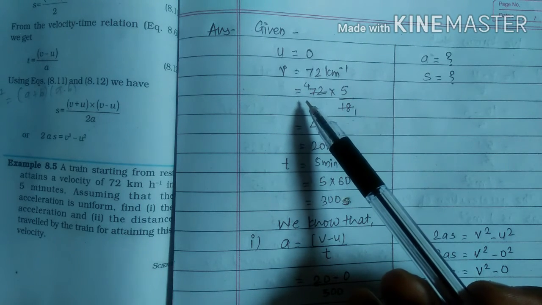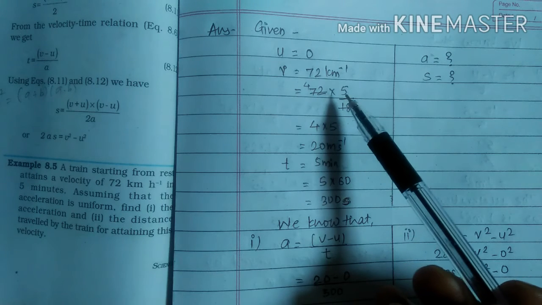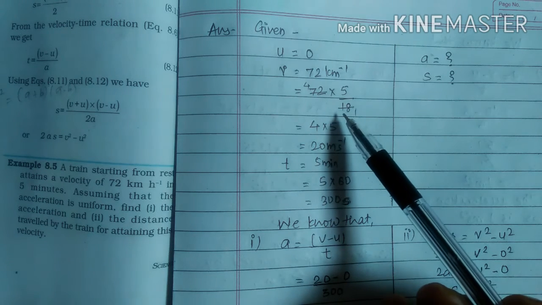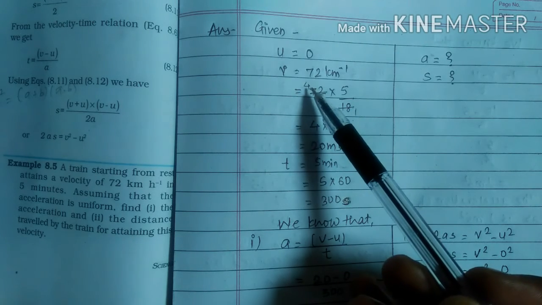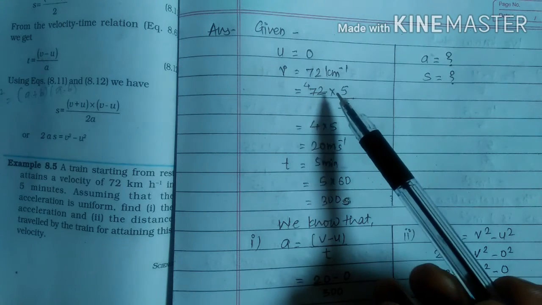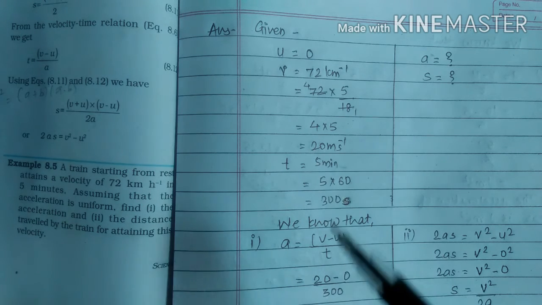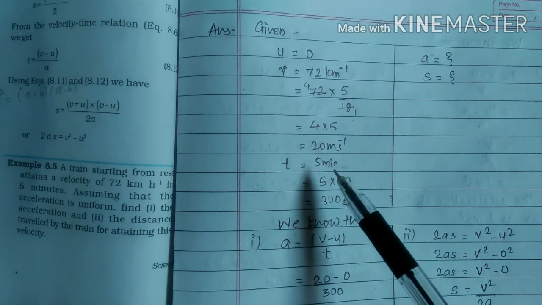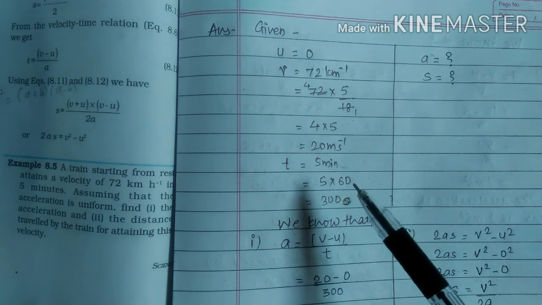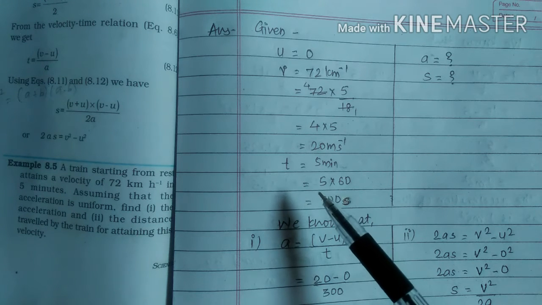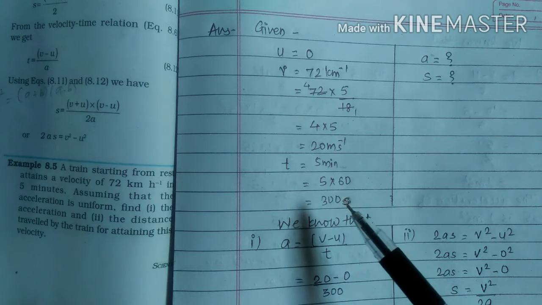Now if we want to convert into meters per second, we have to multiply 72 into 5 upon 18. 18 4s are 72, then remaining 4 into 5 is 20 meter per second. Now time is given as 5 minutes, we convert it into seconds, it means 5 into 60, that is 300 seconds.